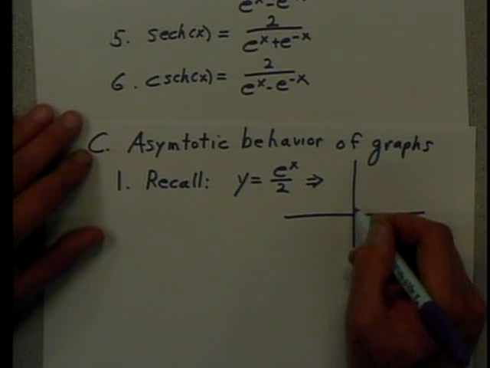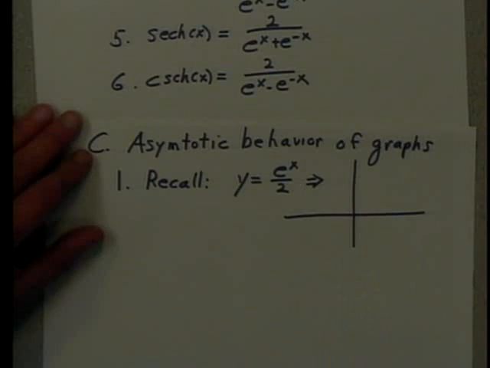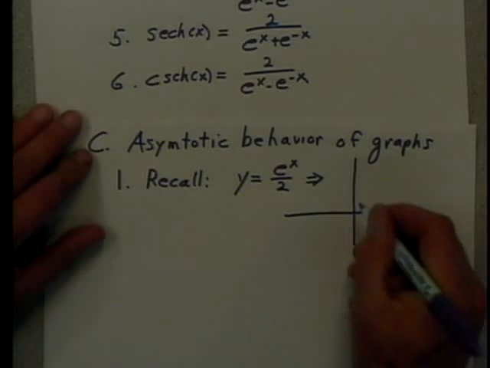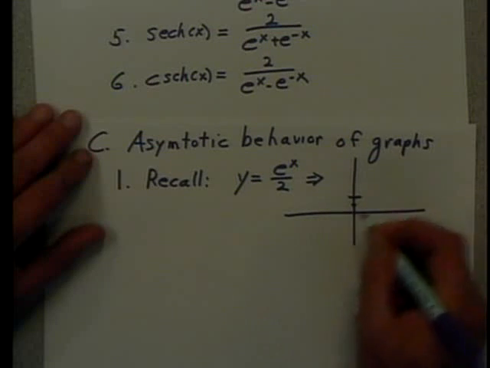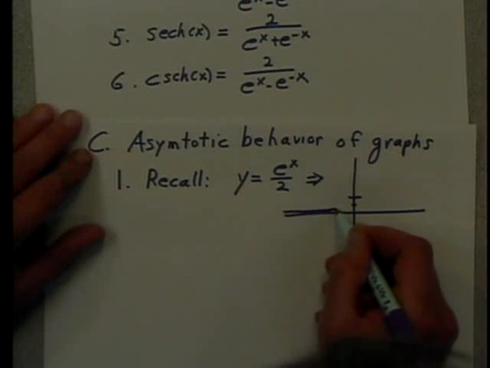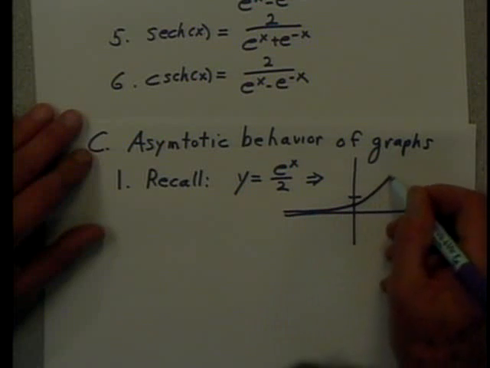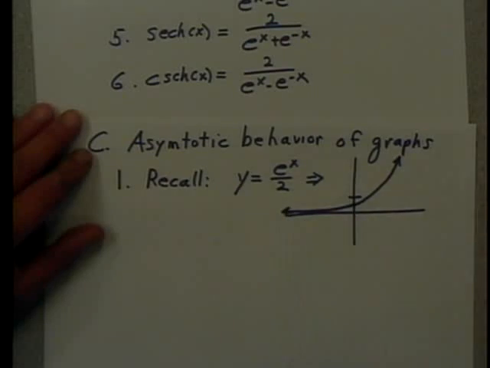So what would it be? Well, normally e to the x goes through what famous point? 0, 1. So where would this one go? 0, 1/2. Right through there? Other than that, because remember it just shrinks the distance from the x-axis, wouldn't it be one like this?